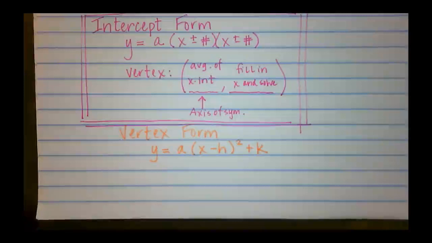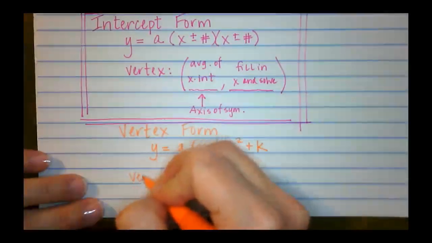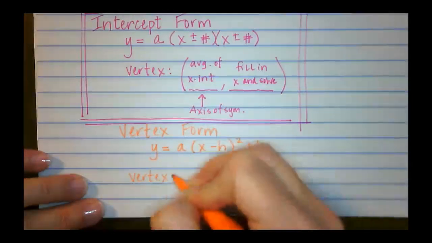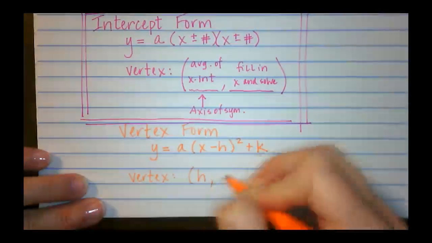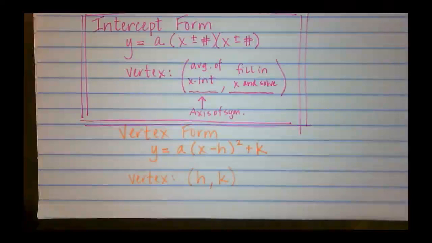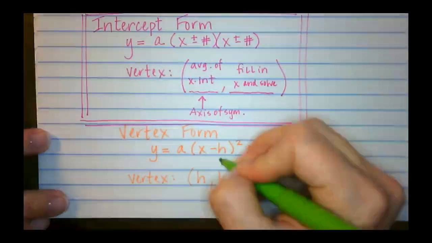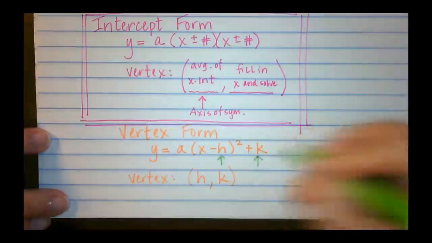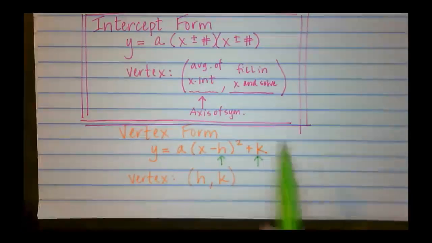All right, we love vertex form because the vertex from vertex form is the h and the k. So all we need to do is look right here, and that is the location of our vertex.